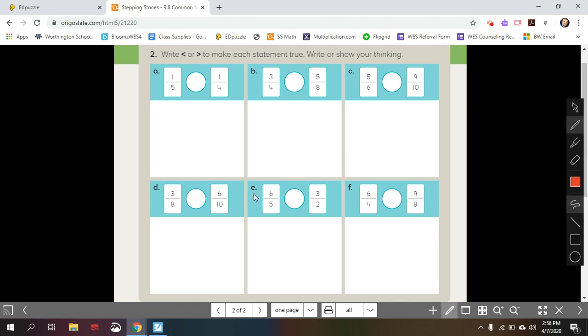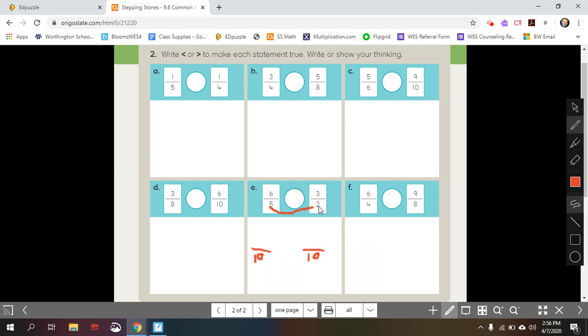If I was going to do E, if I look at my denominators of 5 and 2, I know those aren't the same, I know they're not related, but I can multiply those together so that I come up with a common denominator. And I know that 5 times 2 is going to get me 10. So I know those fractions now are going to have 10s on the bottom. And now whatever I did to the bottom, I also have to do the top.